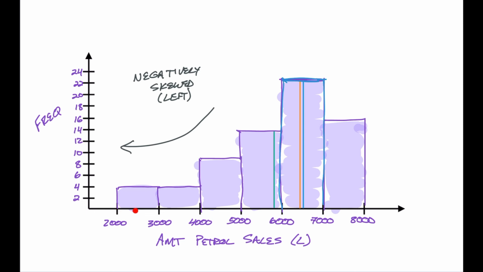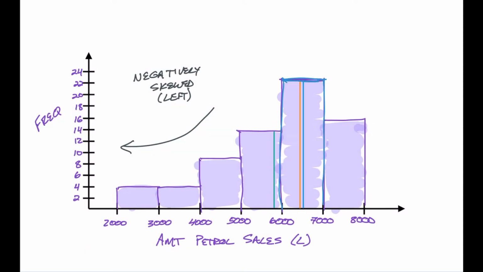We could, in theory, have 3,000.001. We could have 2,999.9 liters. You know, we could have everything that runs the entire spectrum within that grouping. And we don't know where we're at. So we put all of our bars right next to each other.